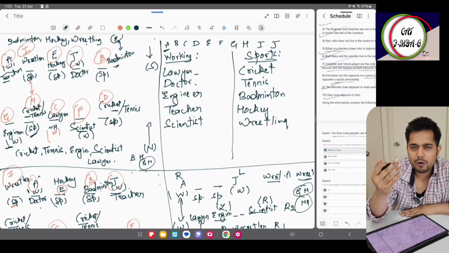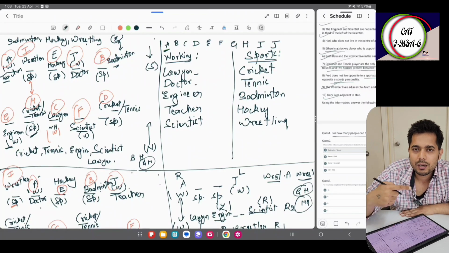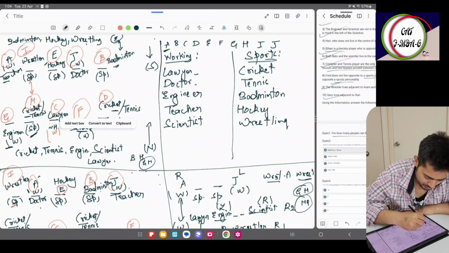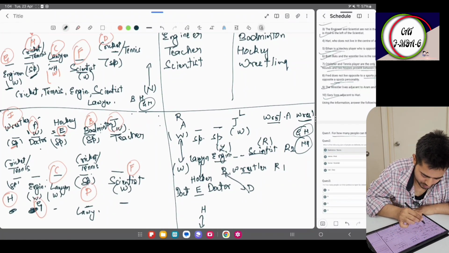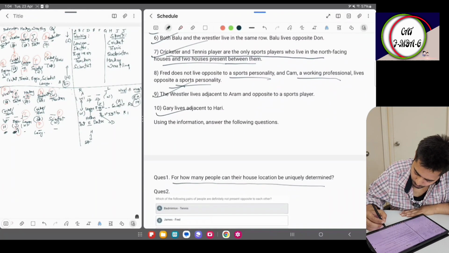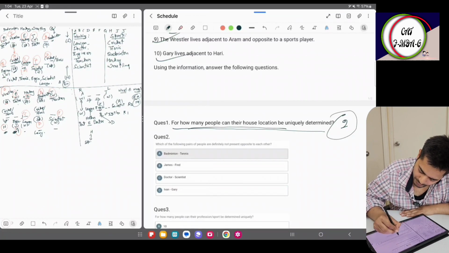If you read carefully, you will find that only for E and C, location and profession are fixed. E is in the middle of the south facing house and it is hockey. C is middle in the north facing house and is lawyer in case 1. Similarly, in case 2 also, same condition is there. So answer is 2. Only for 2 people can we uniquely determine their house locations.